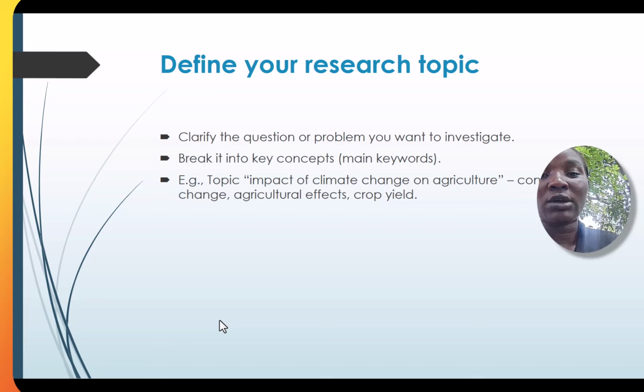Break it into key concepts, main concepts, like you categorize them, like the disadvantages, effects of something, or something that destroys something. You need to categorize them, main keywords. For example, we have a topic on impact of climate change on agriculture. This one, we need concepts of climate change, and we need agricultural effects and crop yields. So this is how you are supposed to categorize your work when you're doing research.